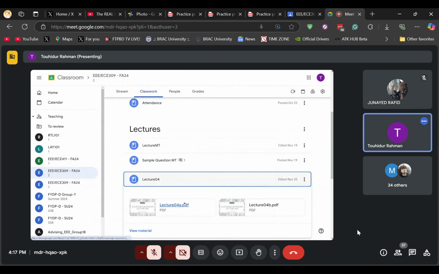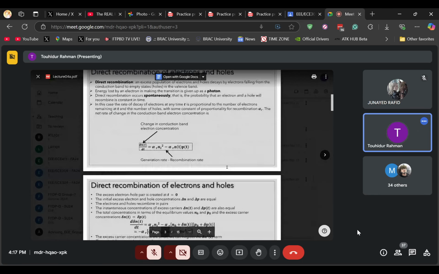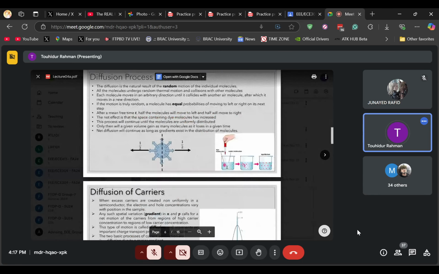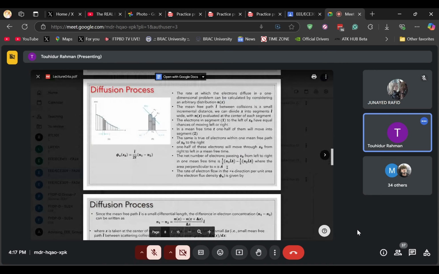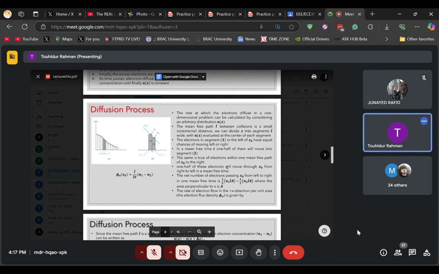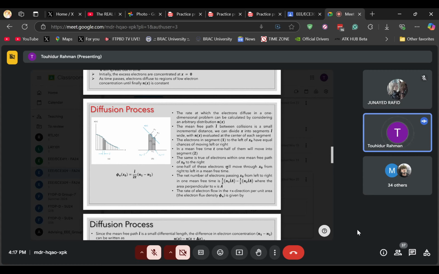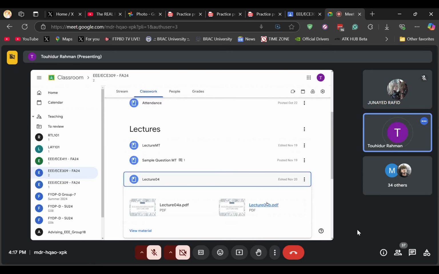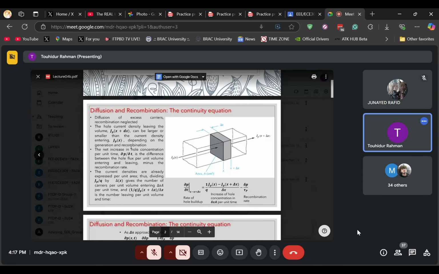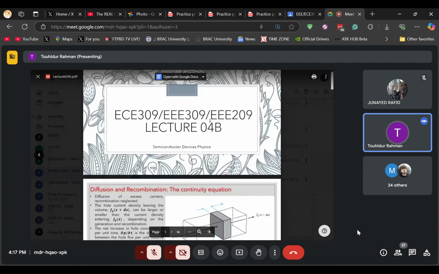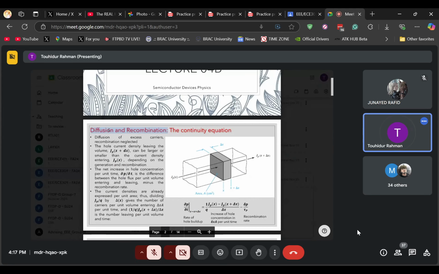Someone asked why we ignored recombination or diffusion here, and you are absolutely right, we should not ignore them. But in order to keep things simple, we discussed them separately. Now we are going to combine them. That is called the superposition principle: find separate solutions, then combine all the solutions. So in this set of slides, 4B, we are going to combine diffusion and recombination, as the title says.